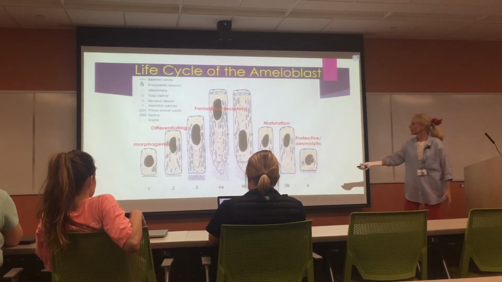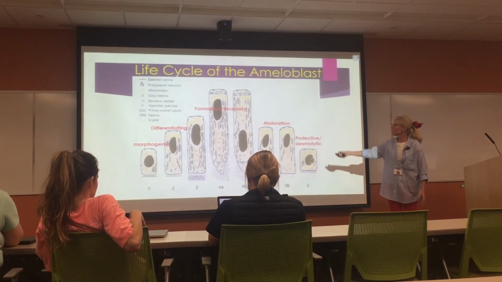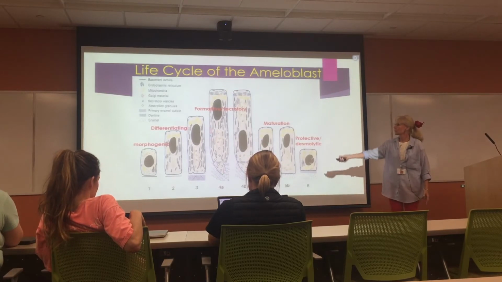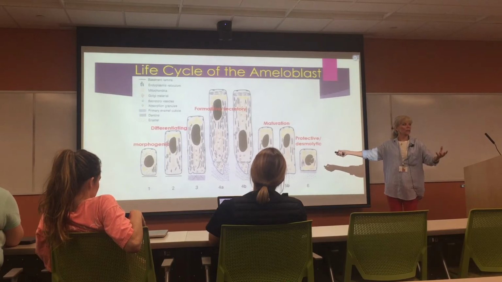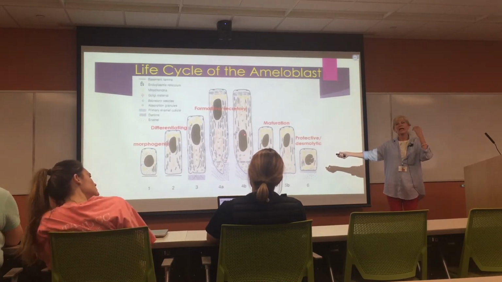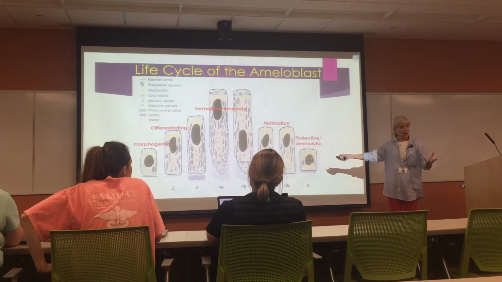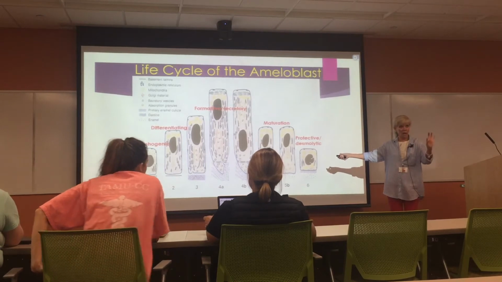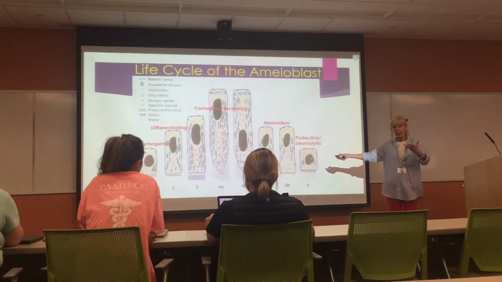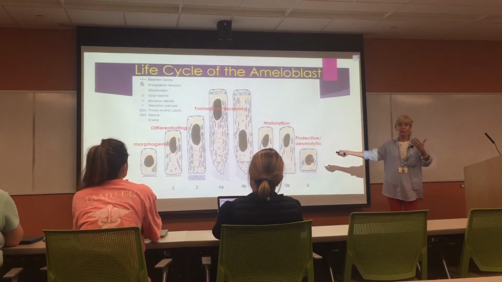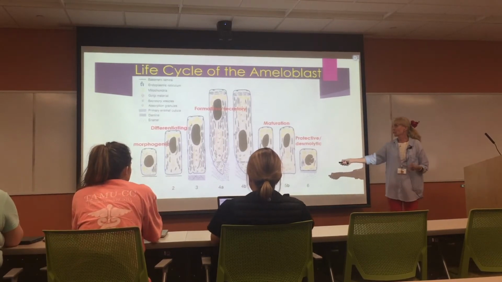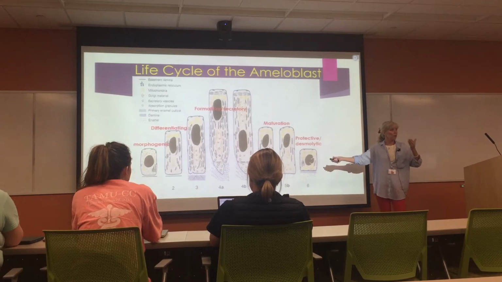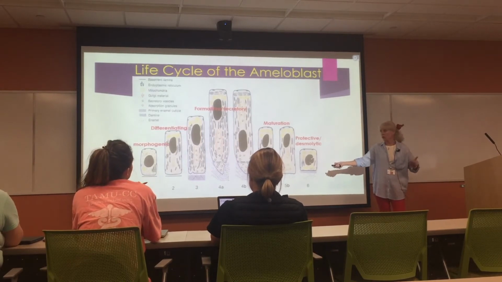So here are these two, 4A and B. These two are doing our secreting of a matrix that is not calcified. A little bit of calcification in there, but primarily that's going to happen later, remember? So what's distinctive about these guys? Tomes' process, which is right here, right?